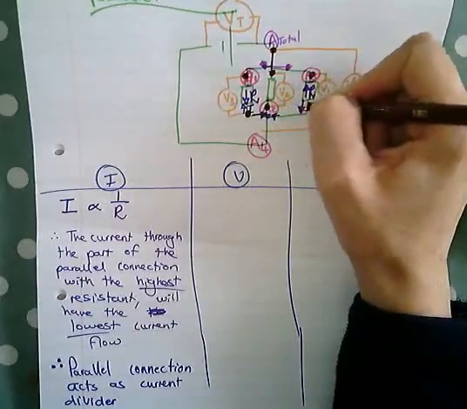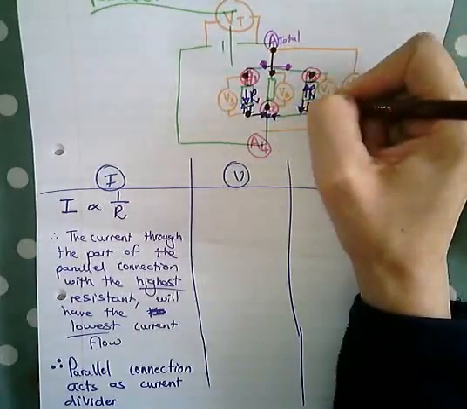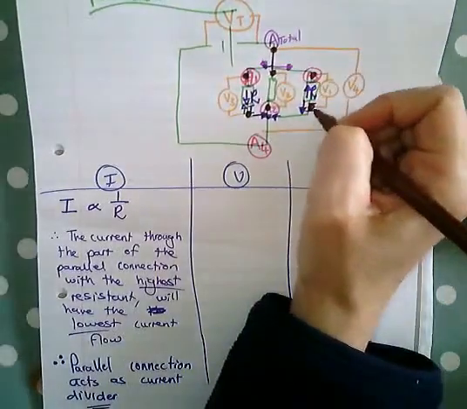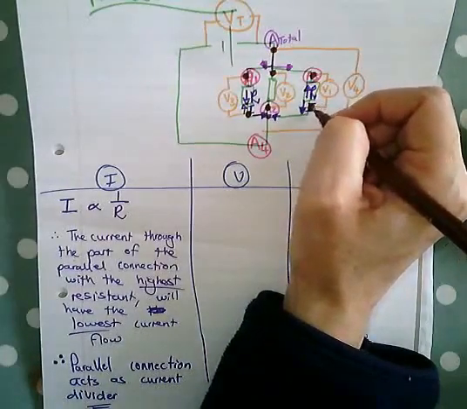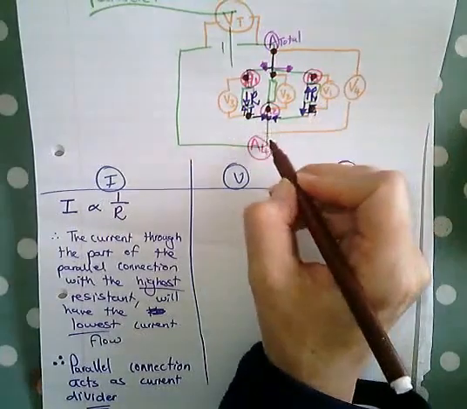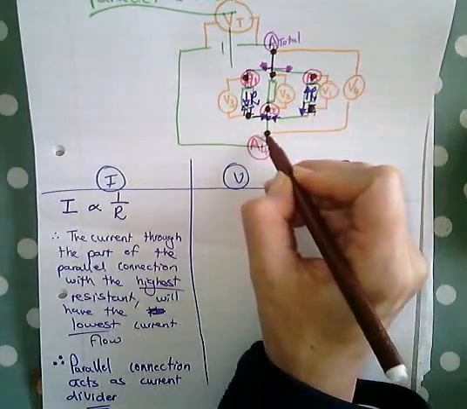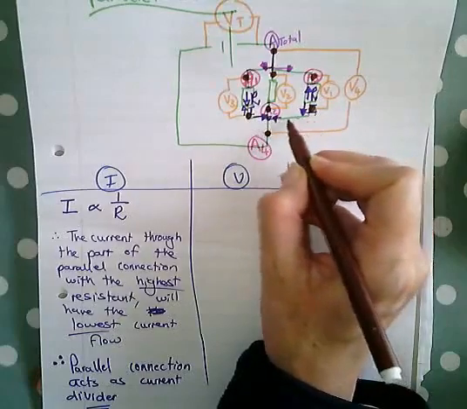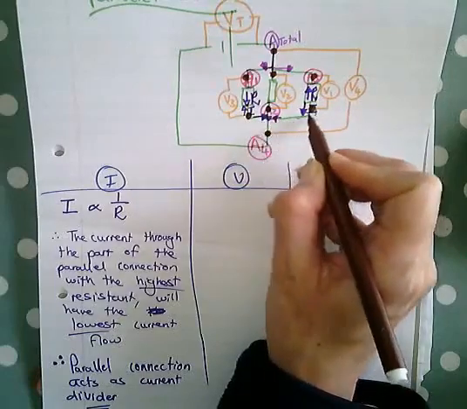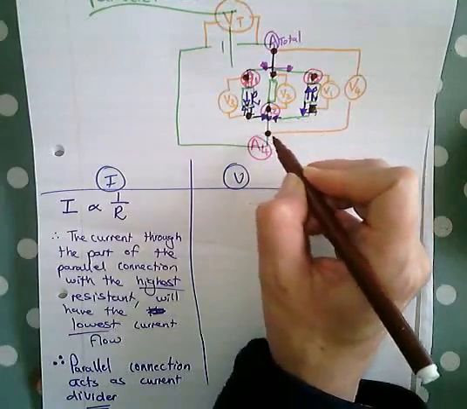And now if you look at the amount of energy available there compared to the amount of energy available there, those will be the same. Why? Because there's no resistor that can use the available energy to transfer it into something else.